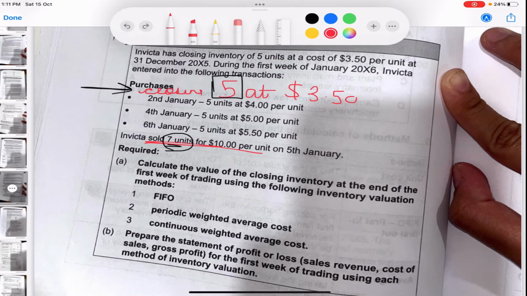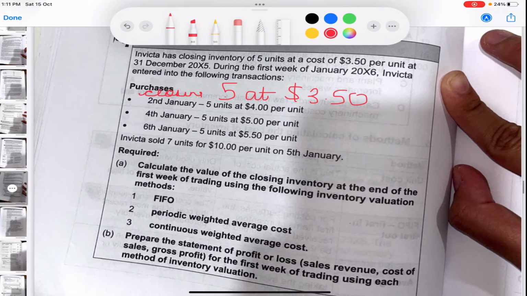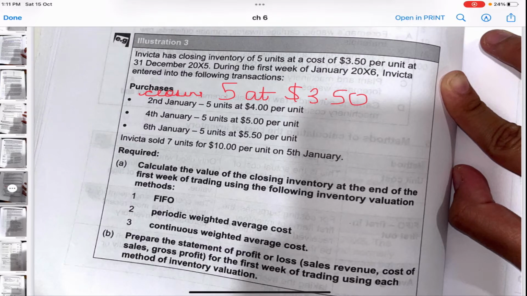During the first week of January, Invicta entered into the following transactions. Again we have the closing with us. Now we need to find out the closing inventory, but this time we should not use FIFO. We have to use the periodic weighted average cost method.